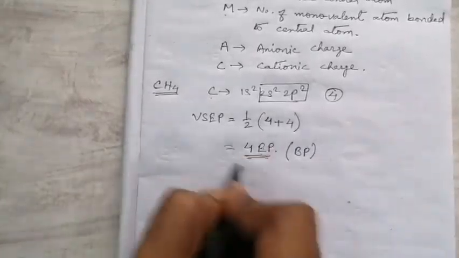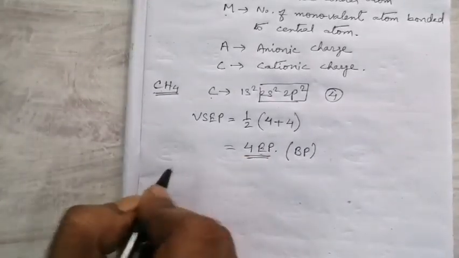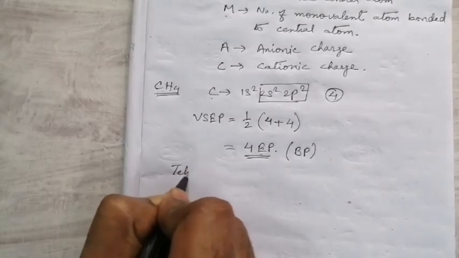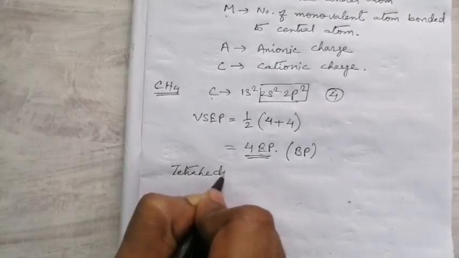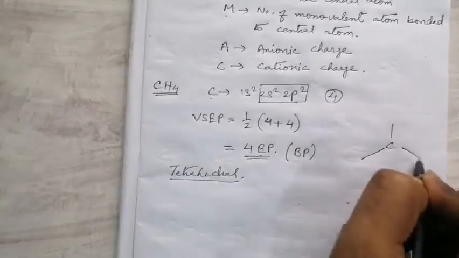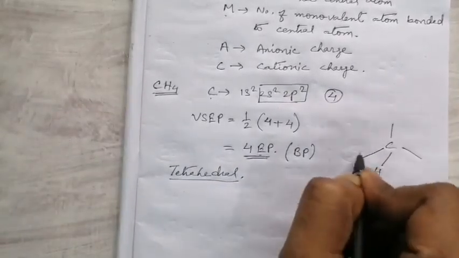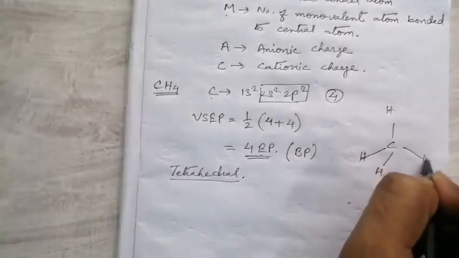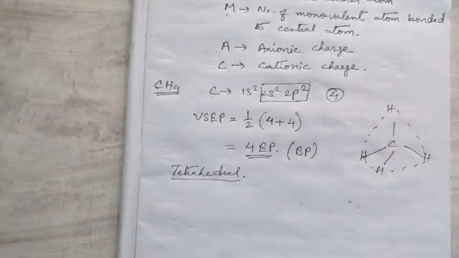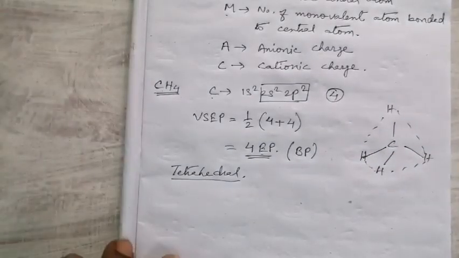And for 4 electron pair, we remember that the geometry is tetrahedral. So it is the tetrahedral molecule.